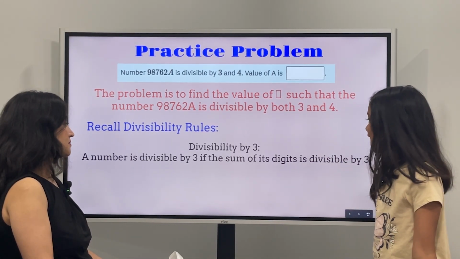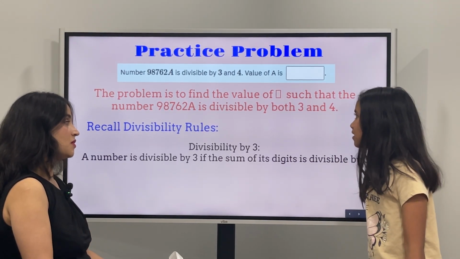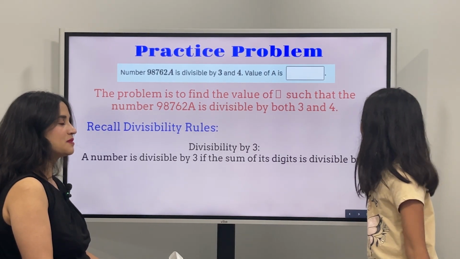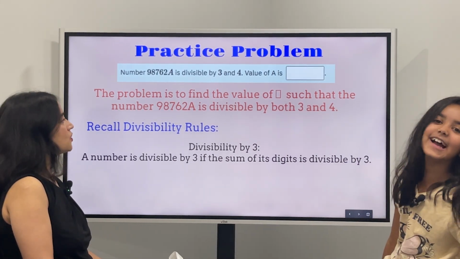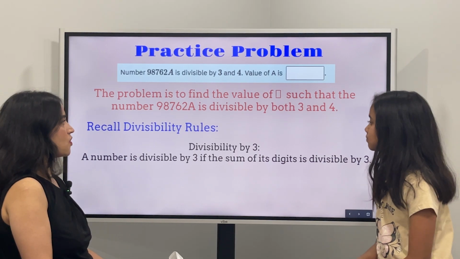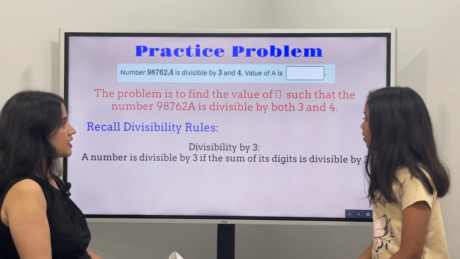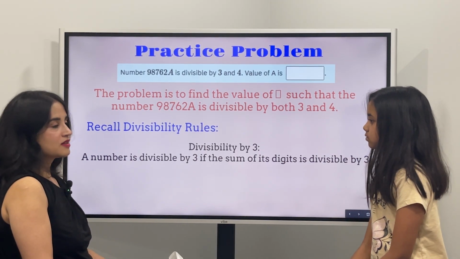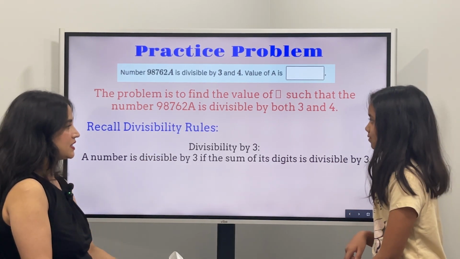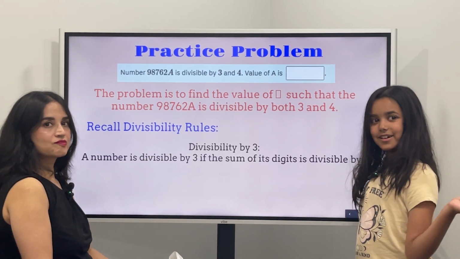A number is divisible by 3 if the sum of its digits is divisible by 3. So what will be the sum of all those digits? Let's pretend A is something.